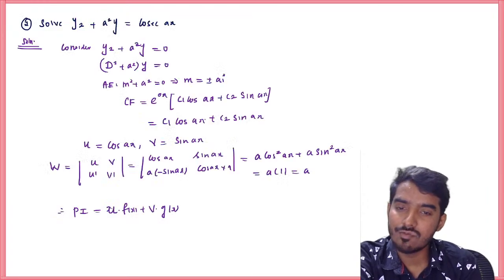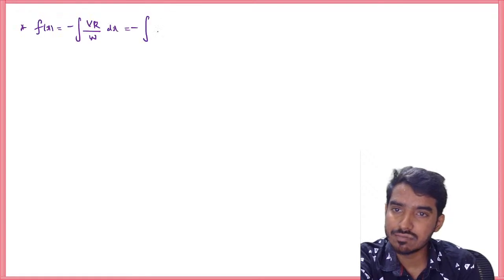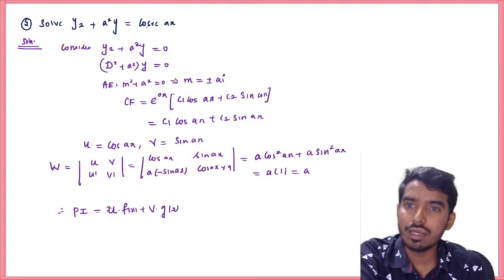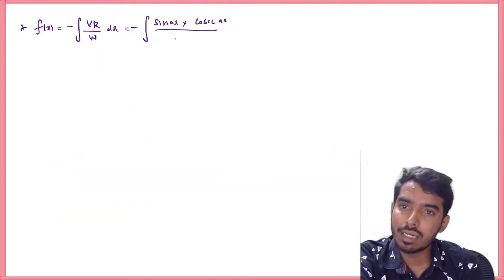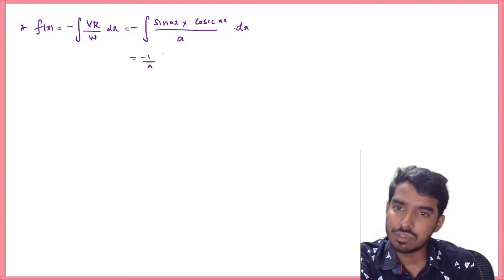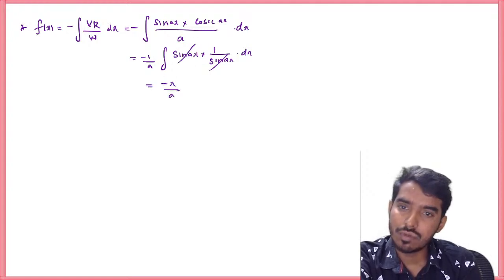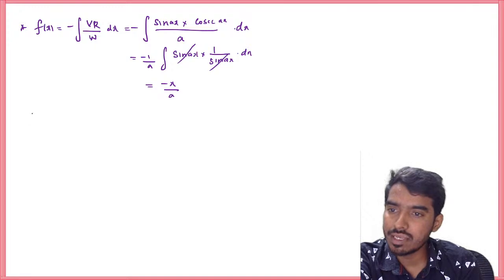What is v? v is sin ax, into r. r is cosecant ax, your RHS, divided by W. So W is a. So I can take this 1 by a outside. This is sin ax. I can write cosecant ax as 1 by sin ax dx. So again, these two will get cancelled. So integration of dx is x. So we will have minus x by a as your f of x.